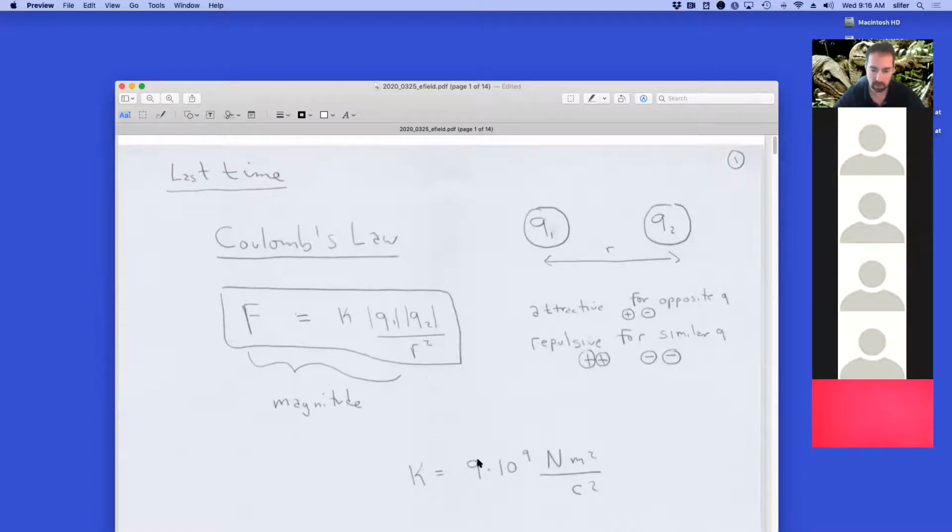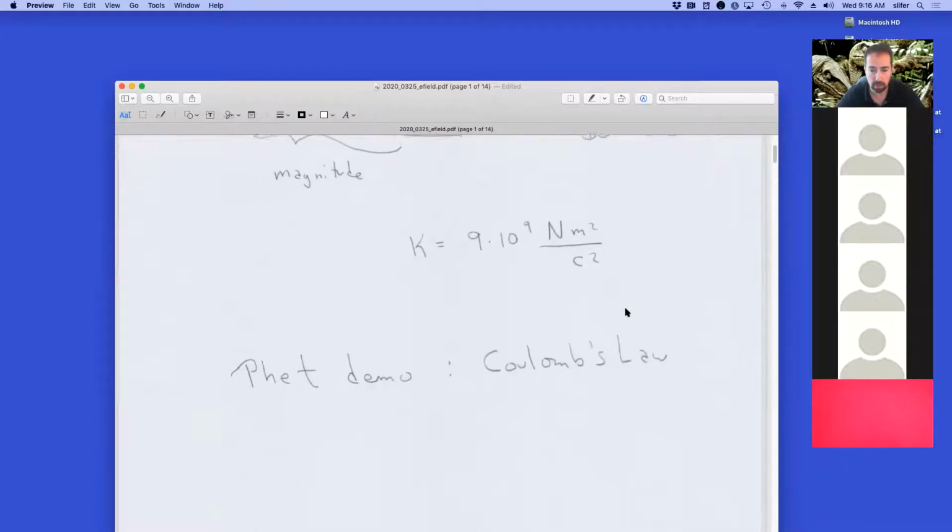And the bookkeeping device that gives us the right numerical answer is Coulomb's constant, 9 times 10 to the 9 Newton meter squared per Coulomb squared. The last part of understanding this is that for two like charges, either plus plus or minus minus, this is going to be a repulsive force. They're going to push apart from each other. If this is opposite charges, a plus and a minus, then they are going to be attracted to each other. So we'll get a good example of that in a moment.